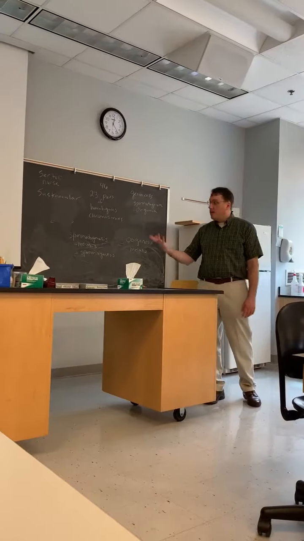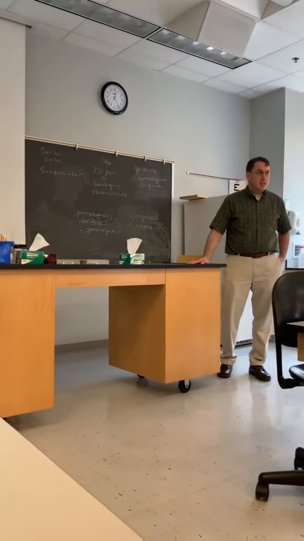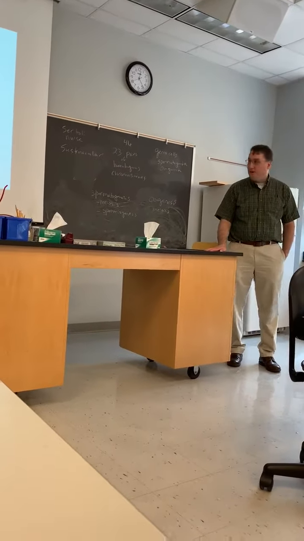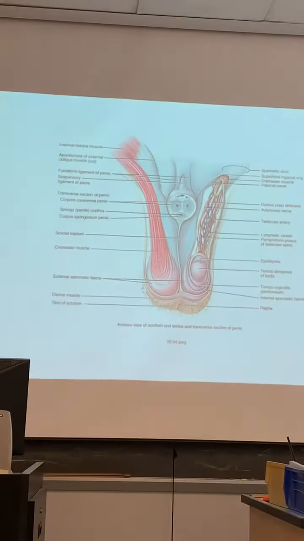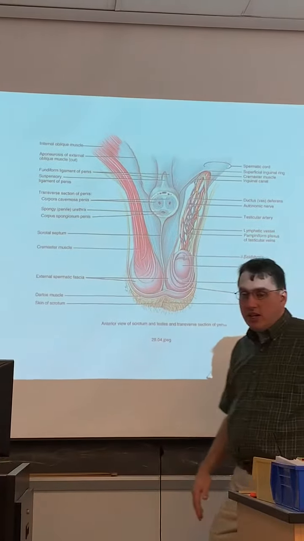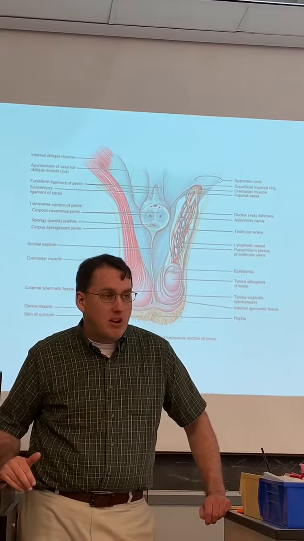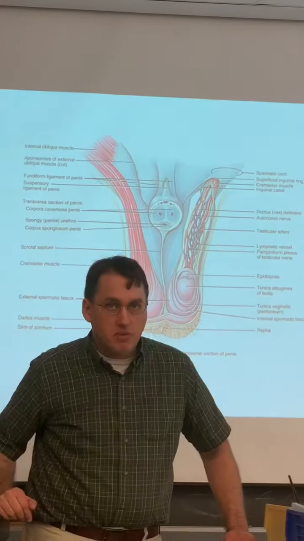So there's skin that's got hair follicles in it covering the testes, and this is homologous to the skin of the labia majora in the female. Now, one thing that's unique about this skin is instead of having just little bits of smooth muscle associated with each hair follicle, there's a sheet of smooth muscle beneath the skin of the scrotum.